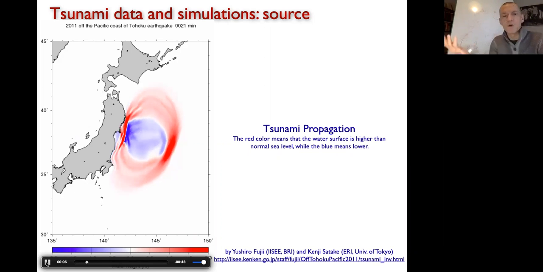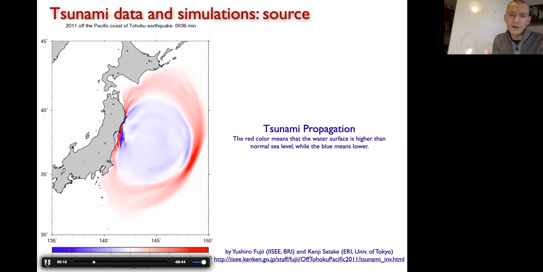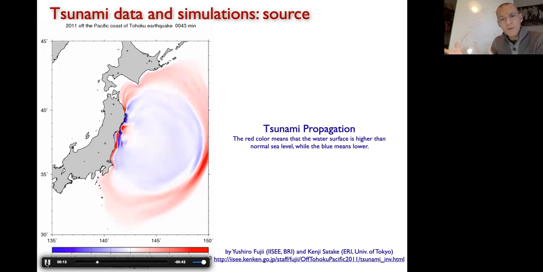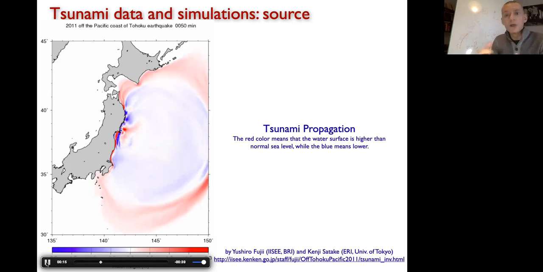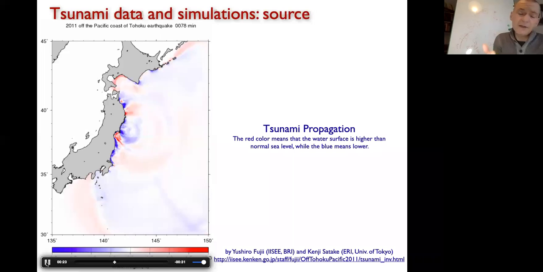You see the double propagation, one towards the Japanese coast, reaching the local bathymetry there, and then an animation pointing towards the open ocean, propagating to the other side of the ocean. So long periods, relatively low velocities compared to the seismic waves, but large wavelengths and larger propagation times.